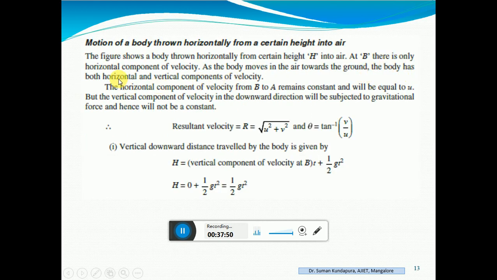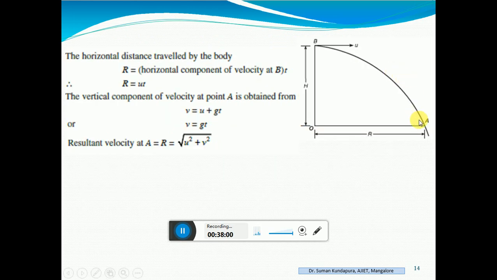So it has both the horizontal and the vertical components of velocity at point A. Correct? This point is A. So here only horizontal component, here both horizontal and the vertical component exists, and the distance from point O to A is taken as the r.